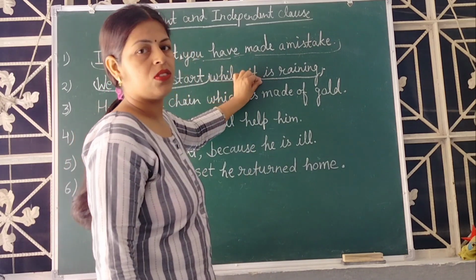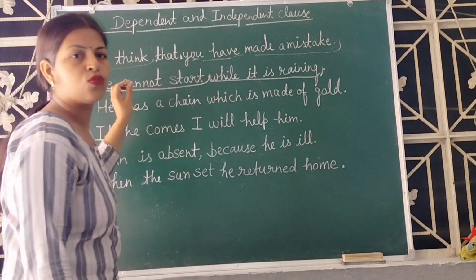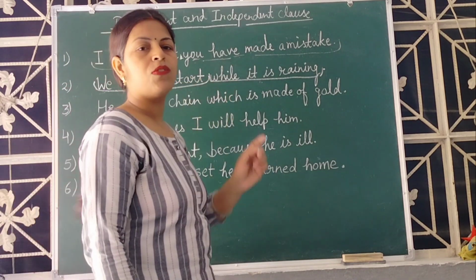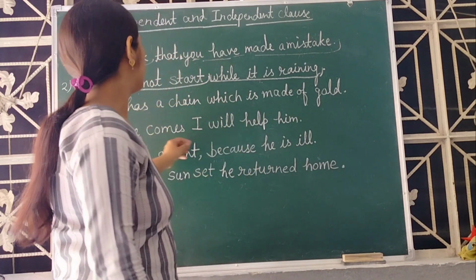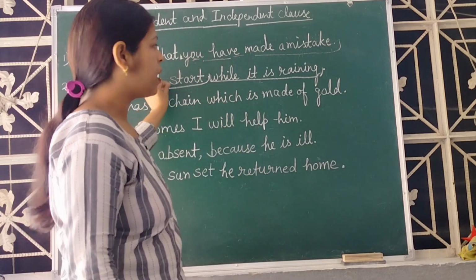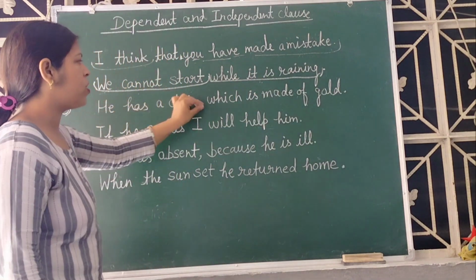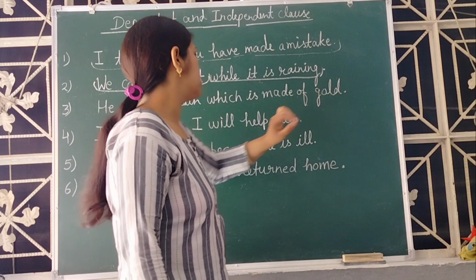So it is a dependent clause. It depends on this clause to complete its sense. So in this sentence we have two clauses again, an independent clause and a dependent clause.